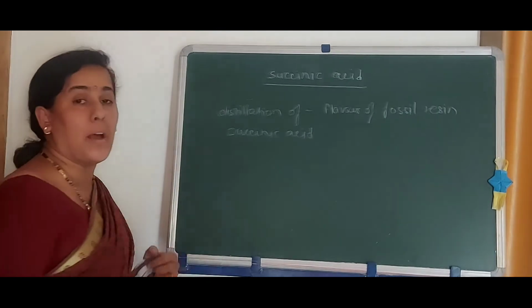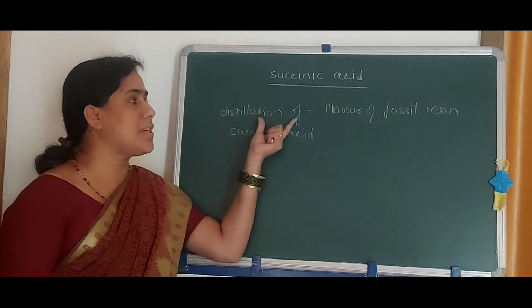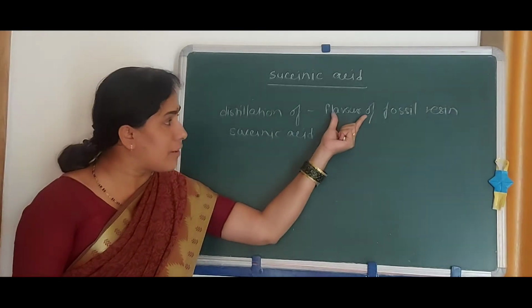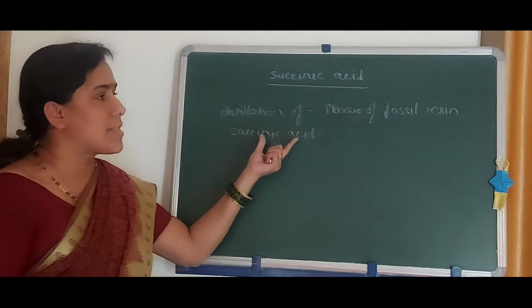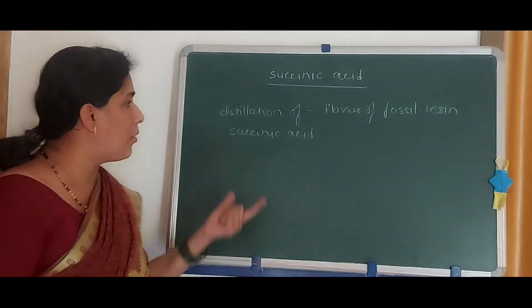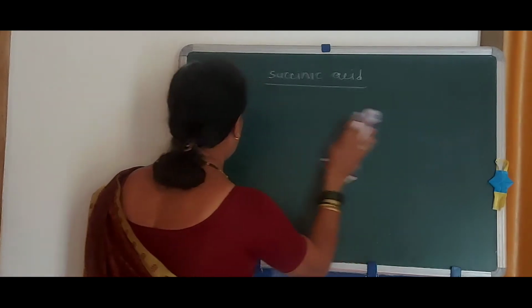In ancient times, by distillation of flavors of fossil resins, succinic acid was obtained. Now we are going to study its preparation methods.